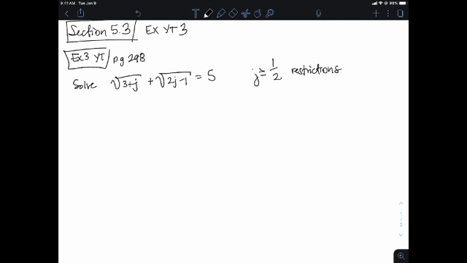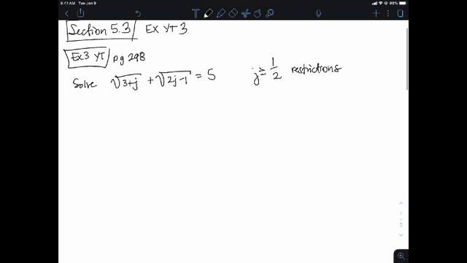They don't tell us that we have to solve exactly, which means we could use our calculators and get a decimal answer if we wanted to. I'm going to try to keep it all in exact form just because we can use that practice, but it's not asked for, so we could give decimal answers.